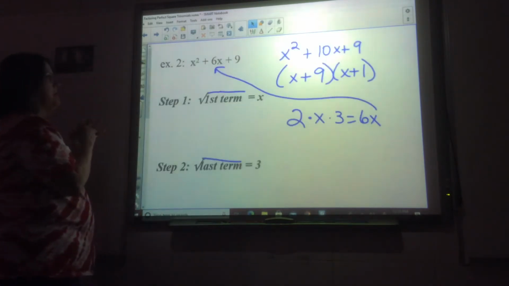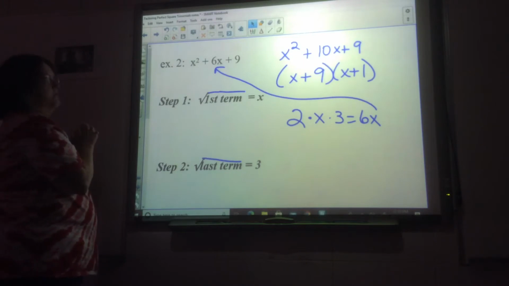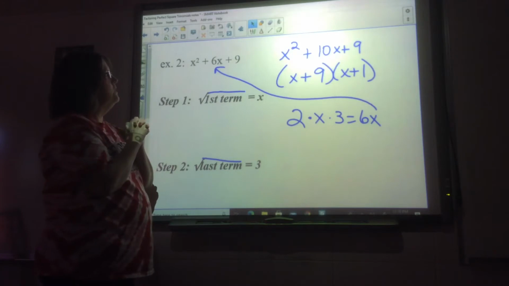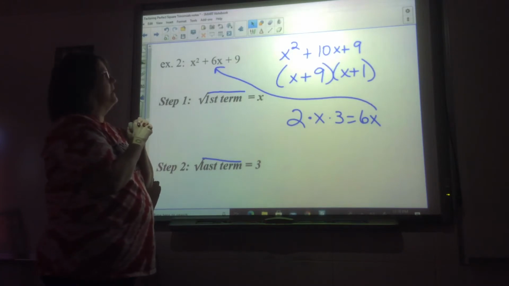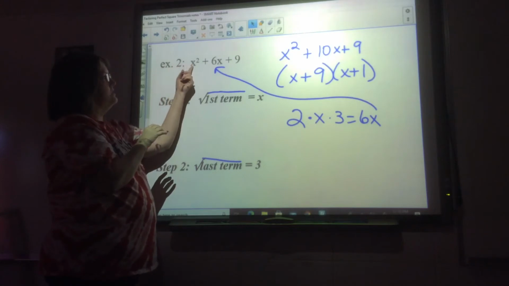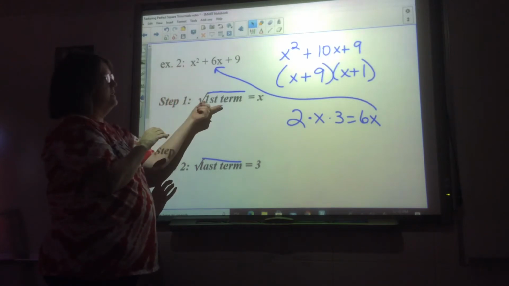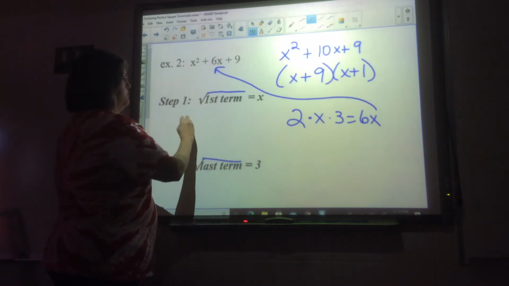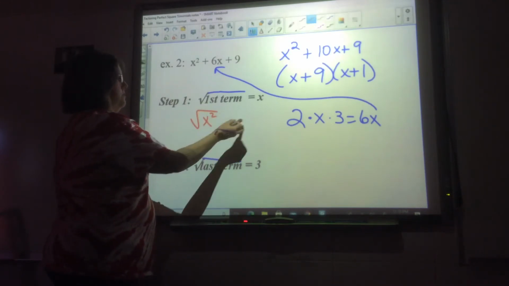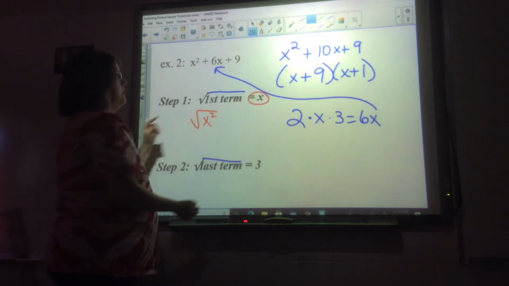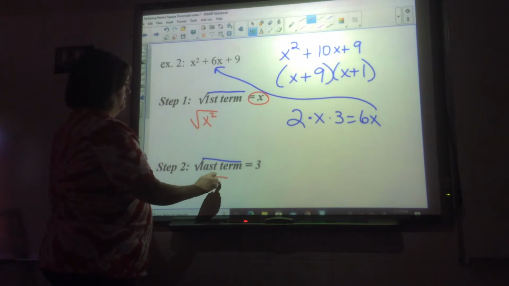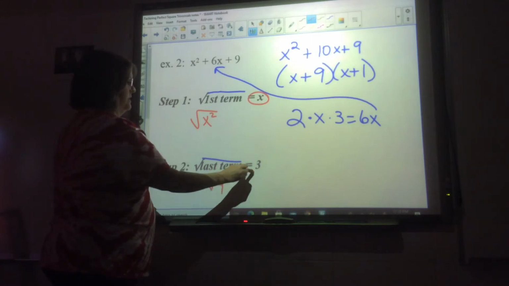Okay, so if I am doing a perfect square trinomial and I'm trying to factor it, what I literally do is I look at the first term and I square root the x squared. Square root the first term, so when I square root x squared, that gives me x. Square root the last term. The square root of 9 is 3.